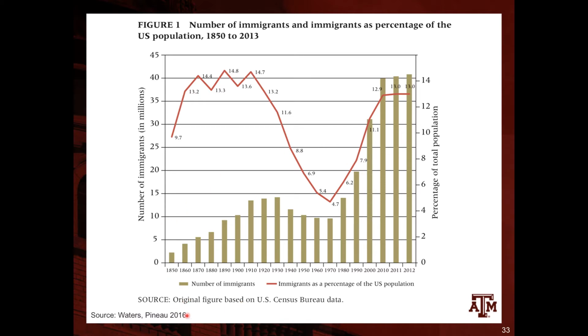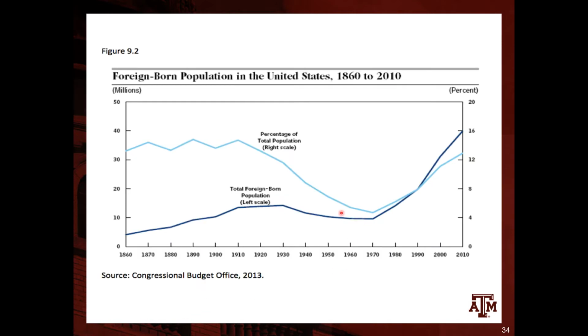This figure here comes from another article that I added to this discussion in our lecture, and this graph here comes from our textbook, and it shows pretty much the same trend. In terms of the total foreign-born population in millions, it increases up to the 1930s, declines in 1970, and then increases again up to 2010.